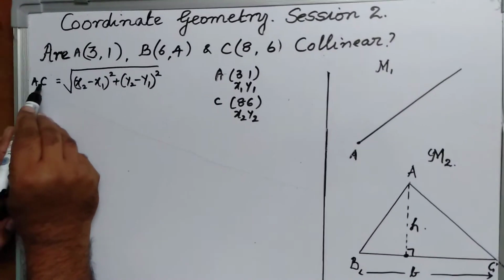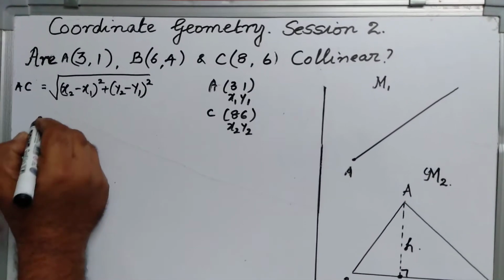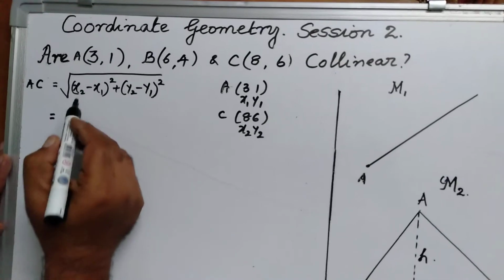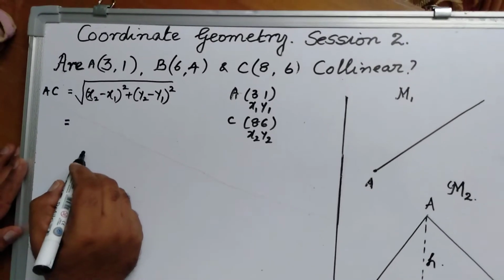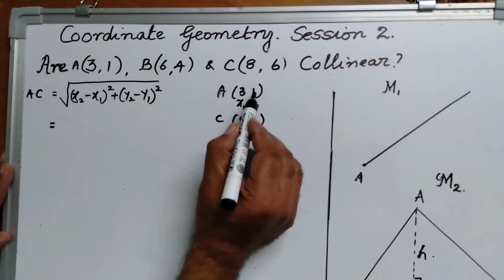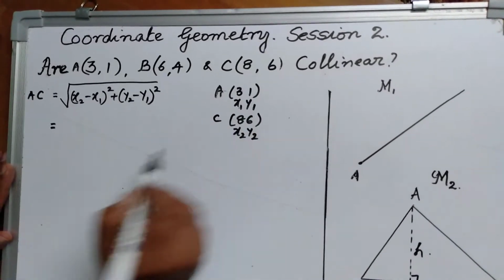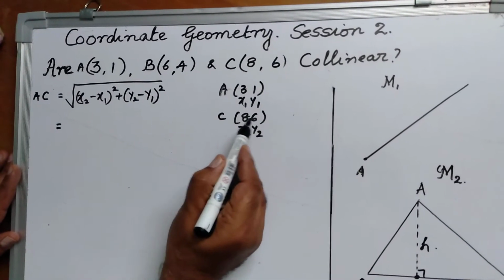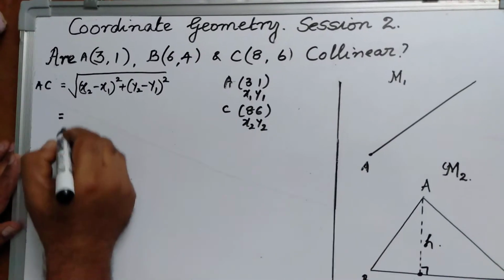Now the third part is AC. AC is found out by the same distance formula. A corresponds to (3, 1) taken as x1, y1. C corresponds to (8, 6) taken as x2, y2.